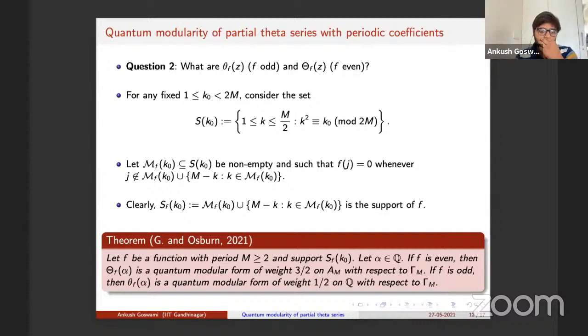In our case, what we showed is that quantum modular forms coming from Eichler integrals of theta series or partial theta series are basically partial theta series, right? But you're asking the reverse question, and I actually don't know.